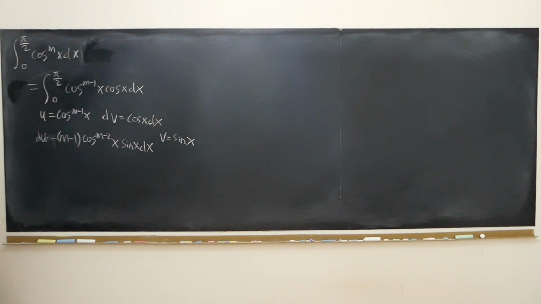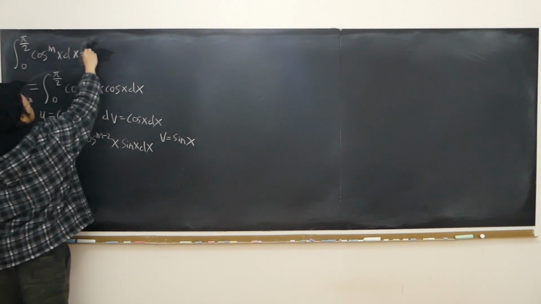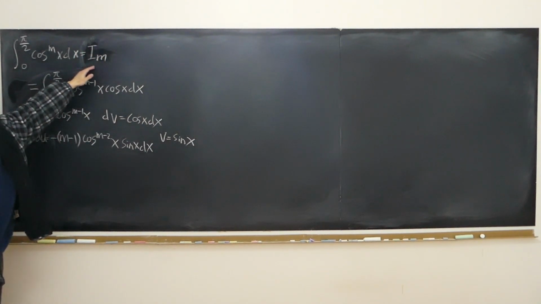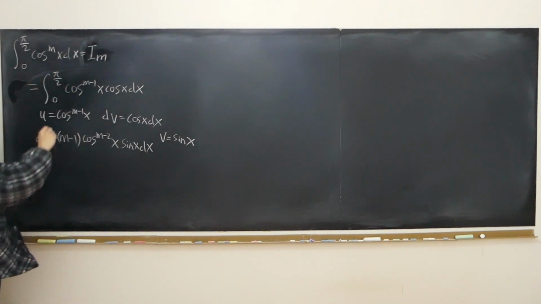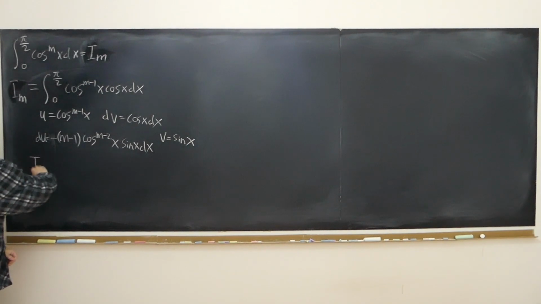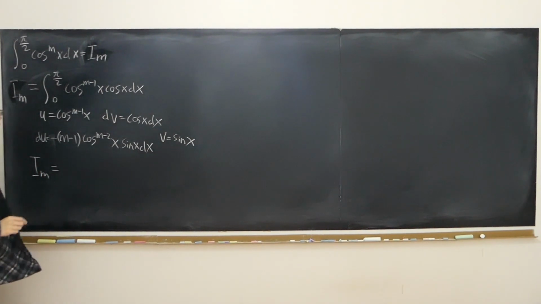So therefore, integration by parts. Let's just call it I sub m, so the subscript indicates the power. So I sub m is now, integration by parts, uv minus the integral of v du.